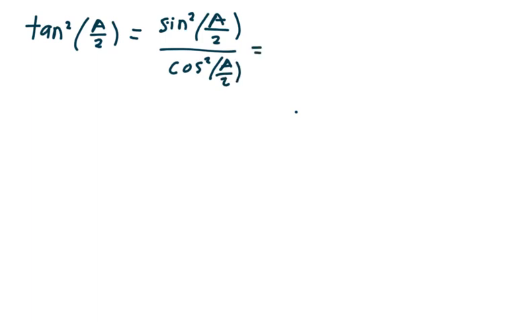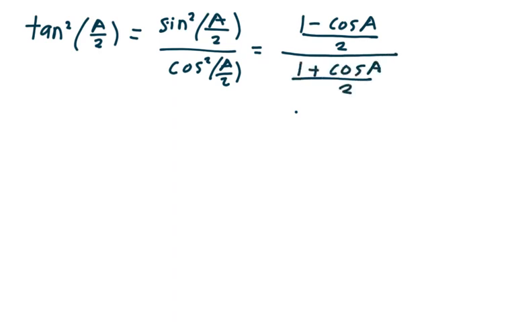And remember, we've already established that this is (1 minus cosine A) divided by 2, and this is divided by (1 plus cosine A) divided by 2.